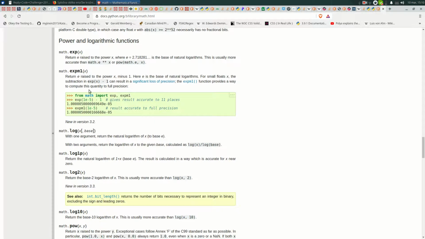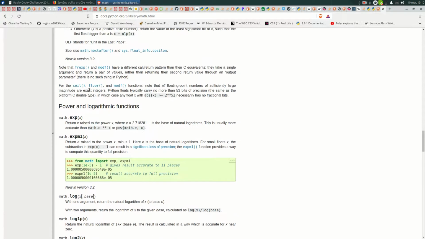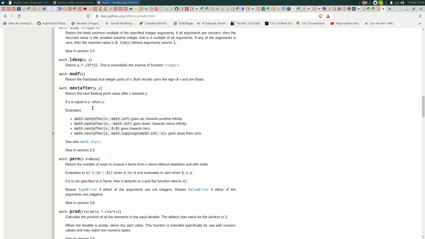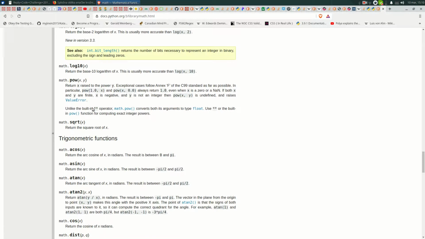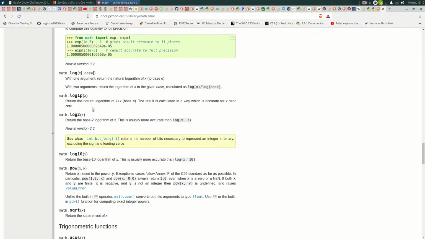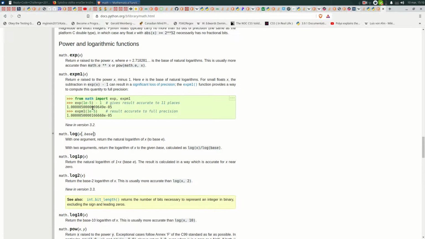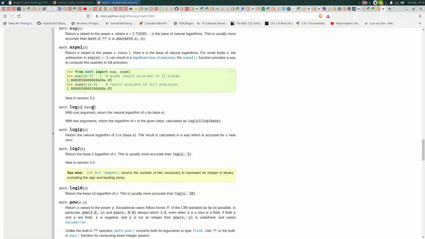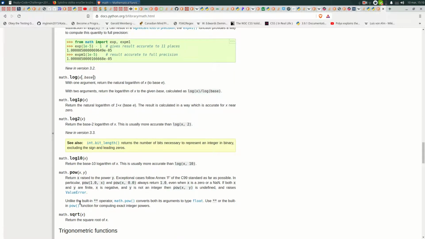So we're looking for sqrt, power and logarithmic functions. Yeah, it's over here. We can get real help with this math function. sqrt: return the square root of x.